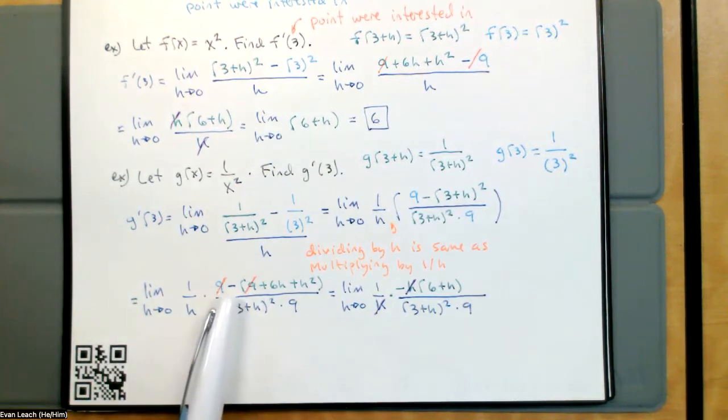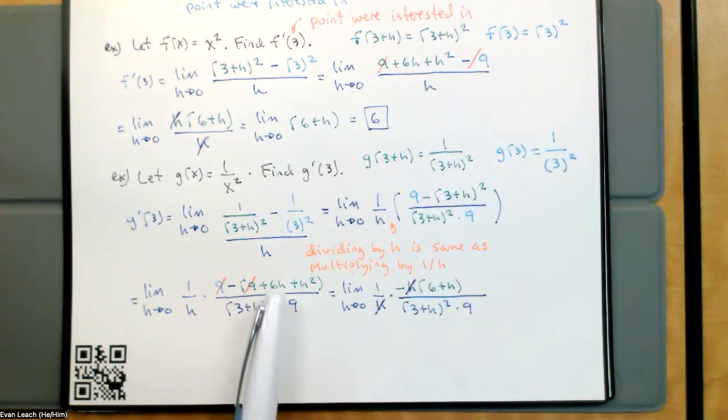So the negative was already there, right? That's the negative. And then what's left here is 6h plus h squared. So I factored an h out of there, leaving the 6 plus h. I wanted to factor that h out so I could cancel it.